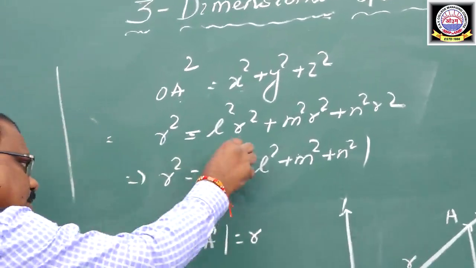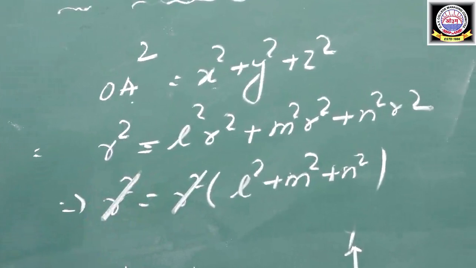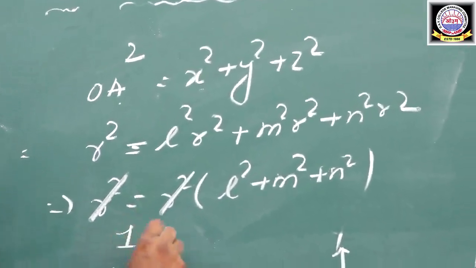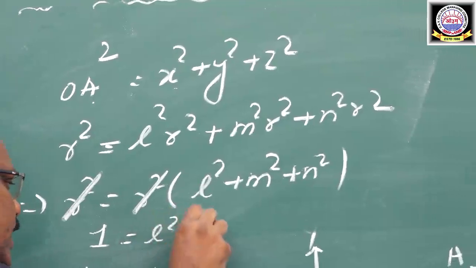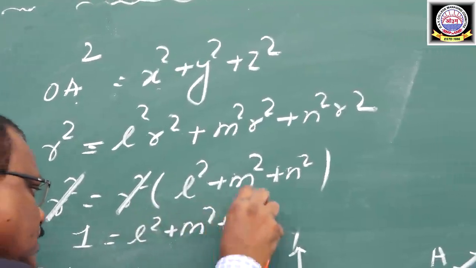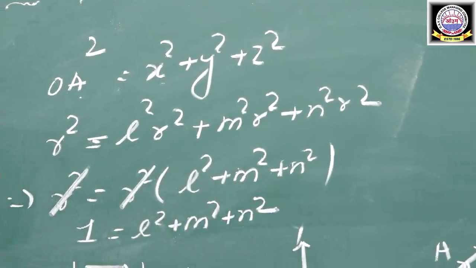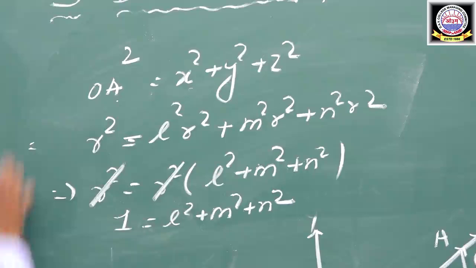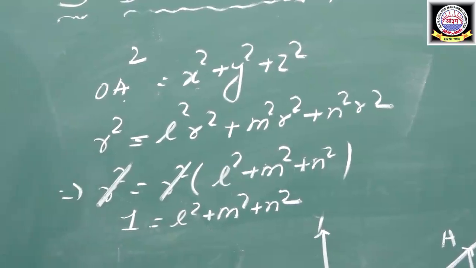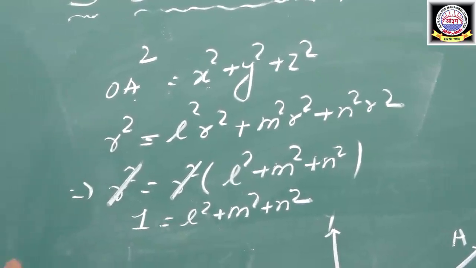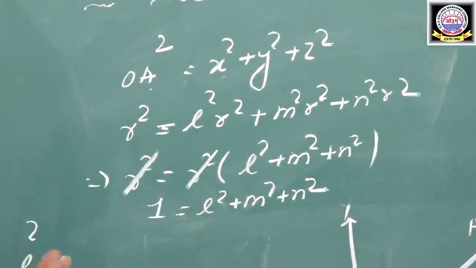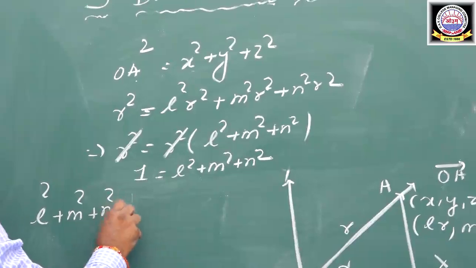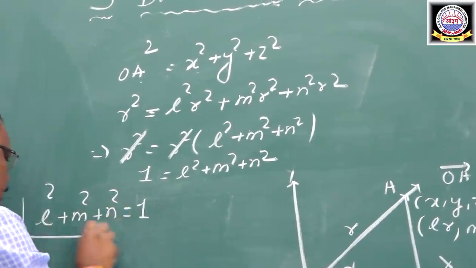So I can cancel r square, a positive number. So what we are getting? 1 is equal to L square plus m square plus n square. My dear students, this is a very important rule, the relation between the direction cosines. L square plus m square plus n square is equal to 1.